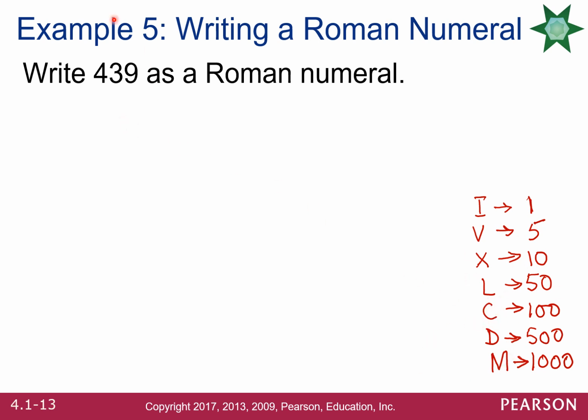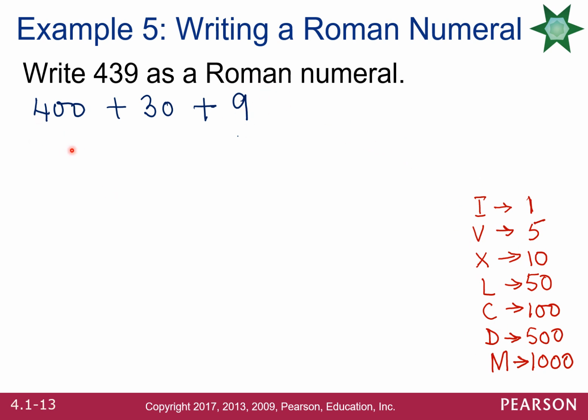Now the first step that we must do is break this up into 3 parts. So I'm going to write this, let's use a different color, as 400 plus 30 plus 9. Now, there's no single way to represent a 400, no single way to represent a 30 in the Roman numeral system, and no single way to represent the 9.